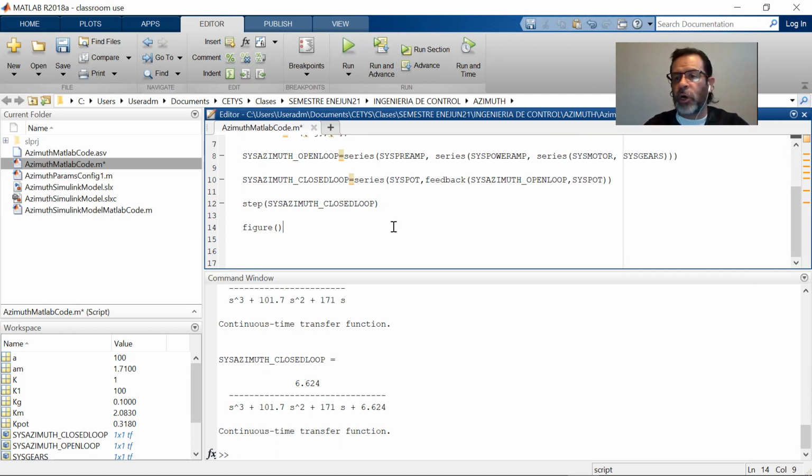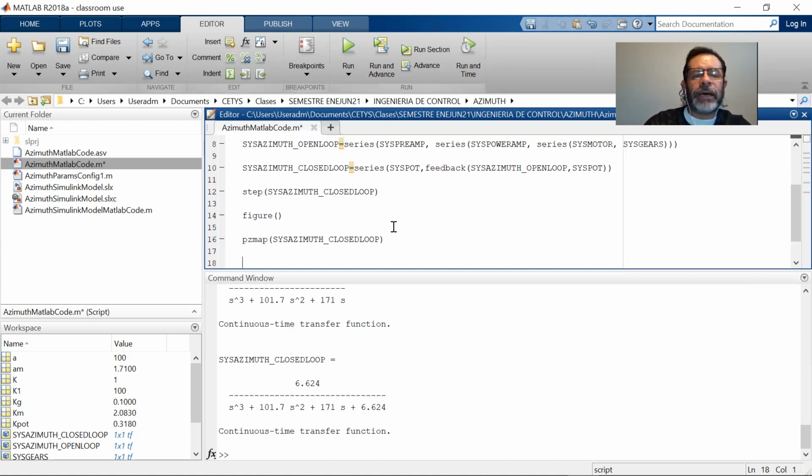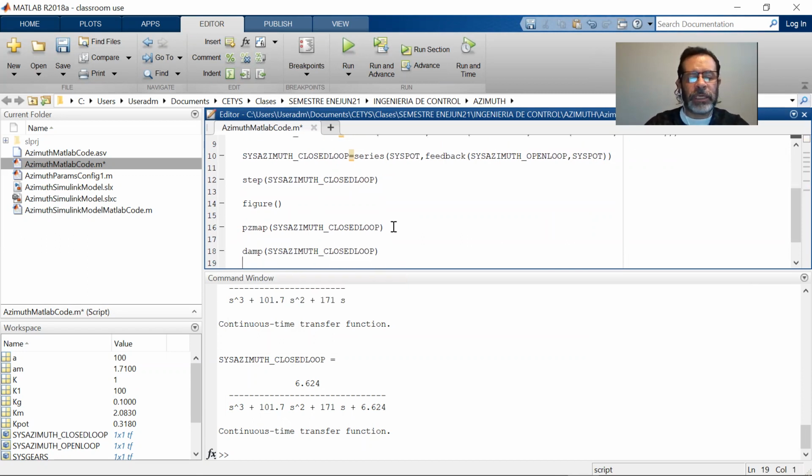I'm going to tell it to open a new figure, and then I'm going to use pzmap on the system. And I'm going to tell it to also please calculate the damping ratio and the natural frequency. I'm going to add those two. Okay. I'm going to run it.